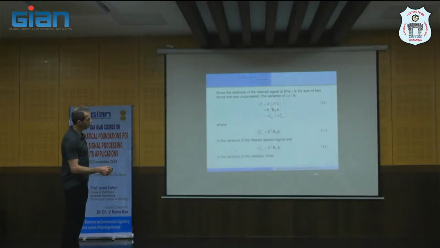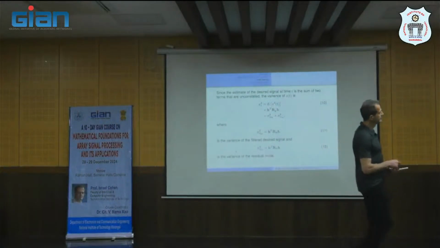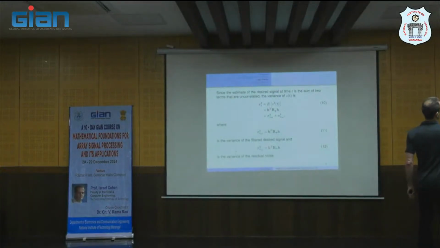Very easily, because the expectation of Z squared, where Z is a scalar which equals H transpose Y, we can write it like this, or we can write it as Y transpose H.